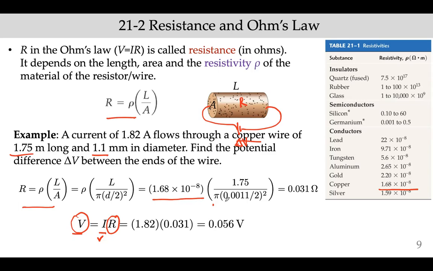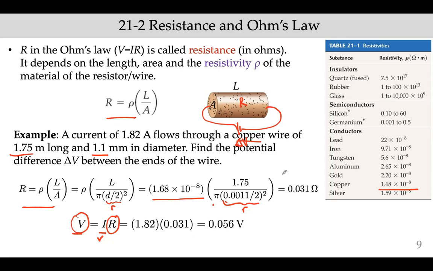In meters, it becomes 0.0011 meters. And because this is the diameter, we have to divide it by 2 to get the radius in meters. So two things to go from diameter to radius: divide by 2, and convert millimeters to meters.